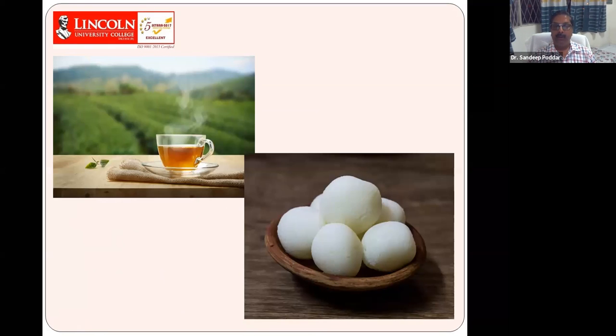This one, you can see Darjeeling tea. It is GI. Bengal's Rasgulla is GI, protected. You cannot say Malaysian Rasgulla, and you cannot say Malaysian tea. Darjeeling tea is Darjeeling tea. Rasgulla is Bengal's Rasgulla; you cannot say it is Bihar Rasgulla.